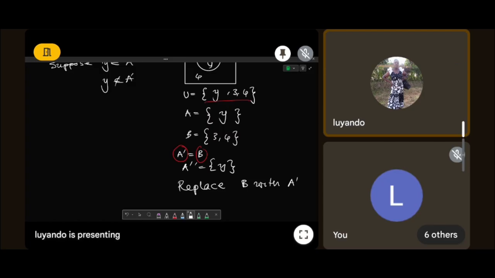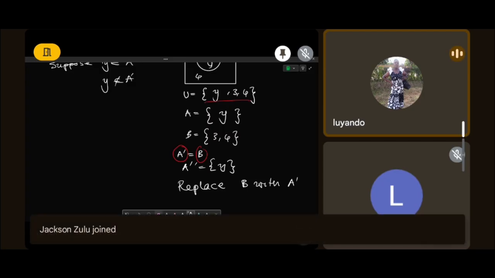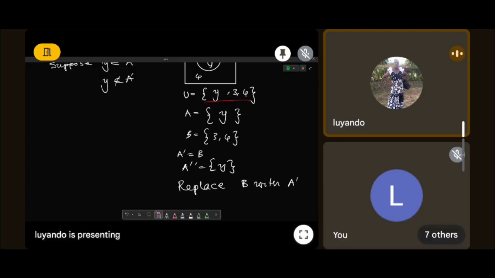If we do that, we find that A complement is equal to y, and A again, if you check on top here, A is equal to 1 is equal to y, even A complement is equal to y. Do we see that?